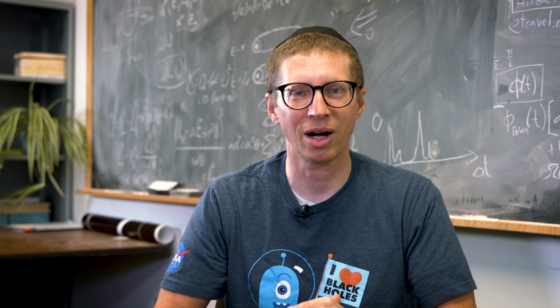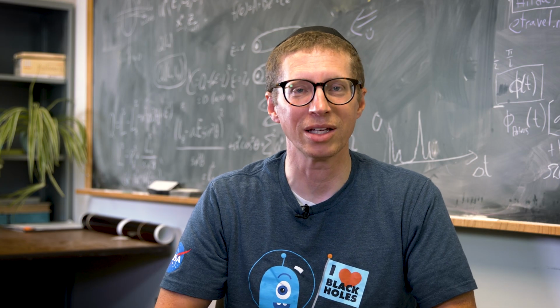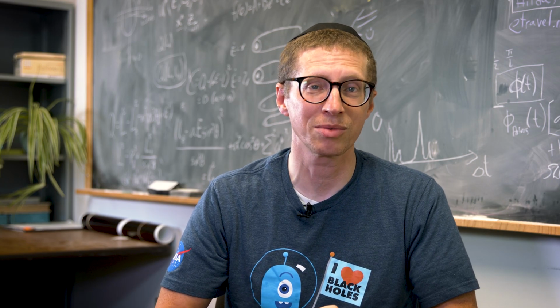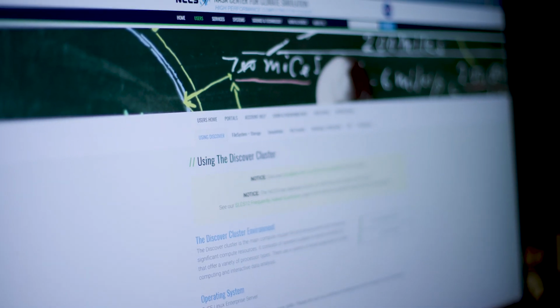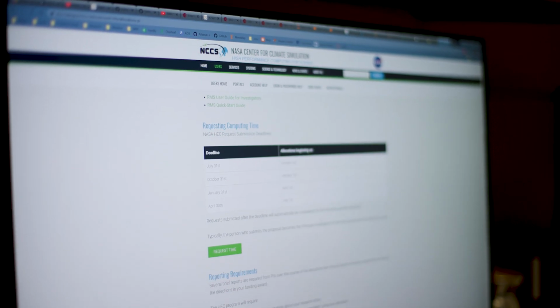And at that point, the laptop computer is really not powerful enough if we want to make this video in less than 100 years. So at that point, we essentially take the same computer code and port it over to a supercomputer that can run many calculations all at the same time.